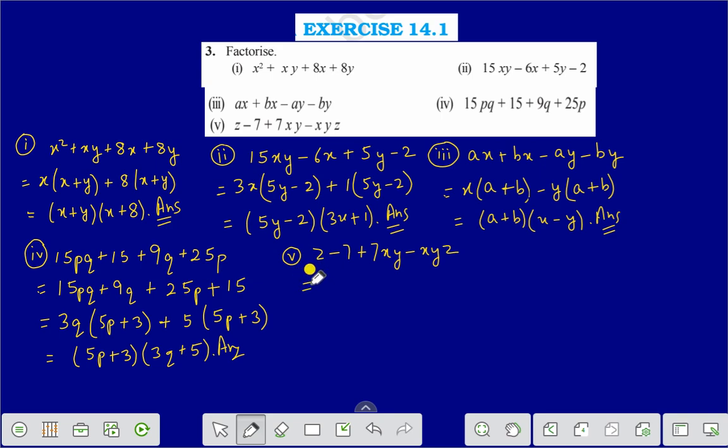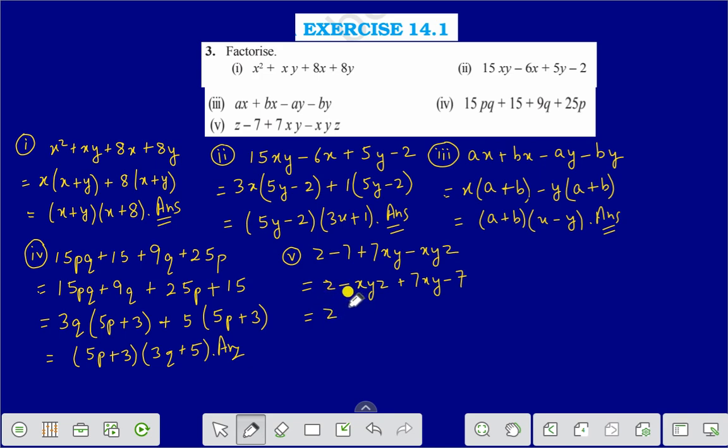Here you see, if we rearrange the terms, we are getting z minus xyz plus 7xy minus 7, right?